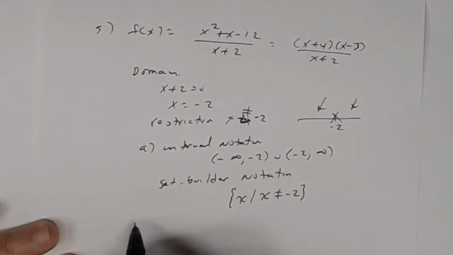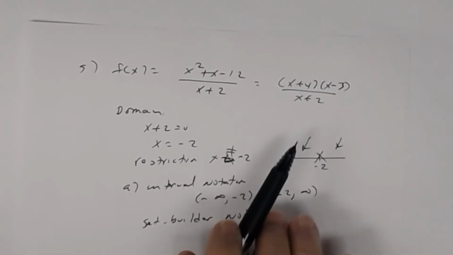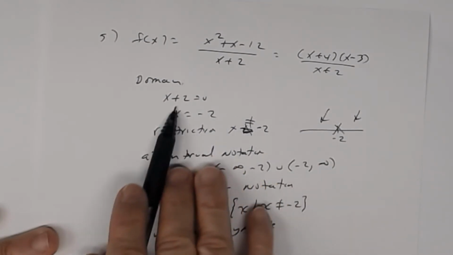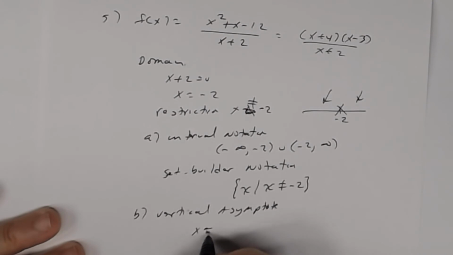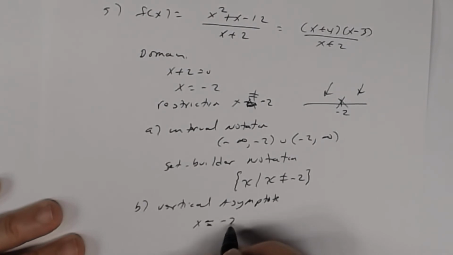Okay? And then part B, your vertical asymptote. Remember, your vertical asymptote corresponds to your restriction as long as it's not reduced. So there's nothing reduced here, so this restriction is going to be your vertical asymptote. You must name it as an equation, a vertical line. So you're going to say x equal negative 2.